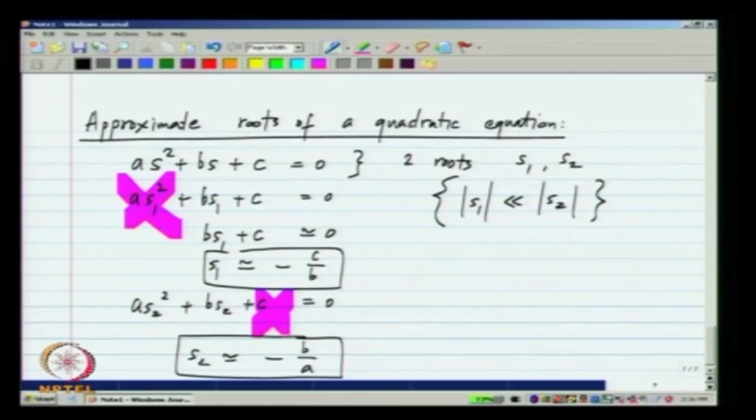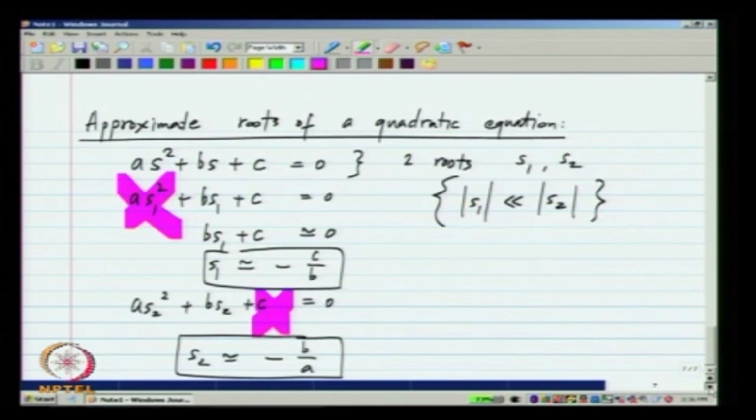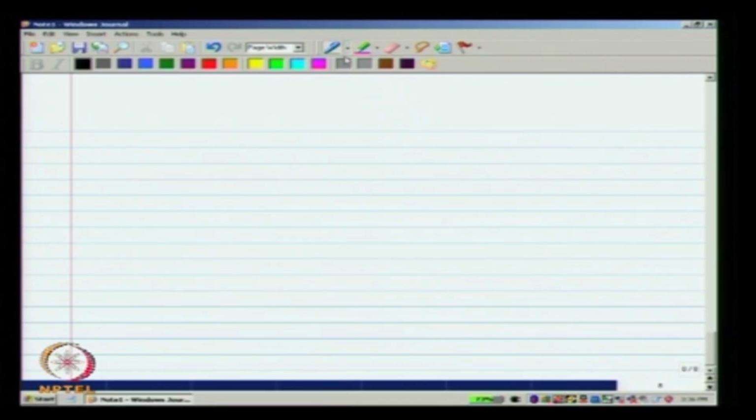So, this at least looks manageable given the complexity of the coefficients a, b and c. So, now let us find out the values of these. I will call this pole p1, the smaller one, and that is nothing but minus c by b.